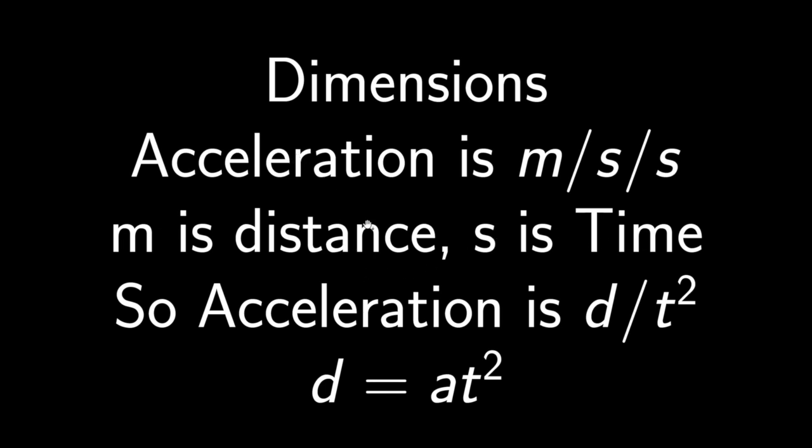So putting together acceleration, distance, and time, you have to put them together in such a way that the units work out. So an acceleration is a distance per time squared. And when you move the time to the other side to be with the acceleration, then you get distance is acceleration times time squared.